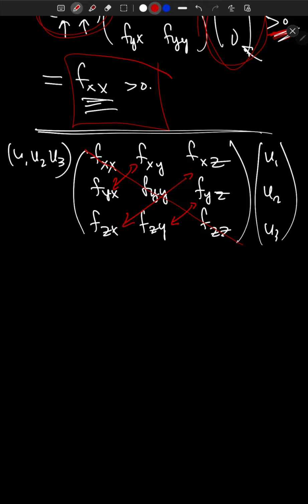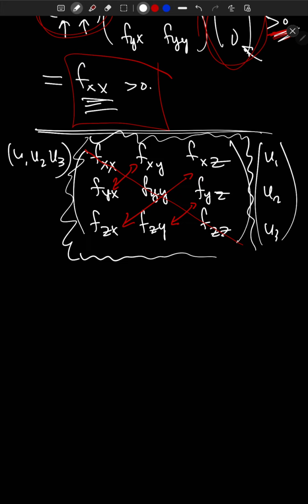So there are three eigenvalues, and you can talk about all three of them being positive or negative. And for any number of variables, same idea, because this is actually the proper way to think of the second derivative. We'll actually see this expression in the near future when we talk about integration.